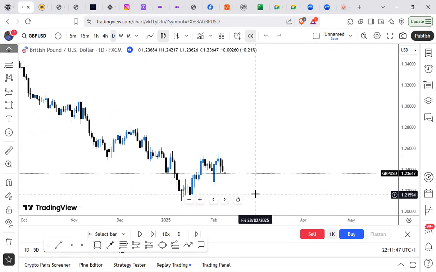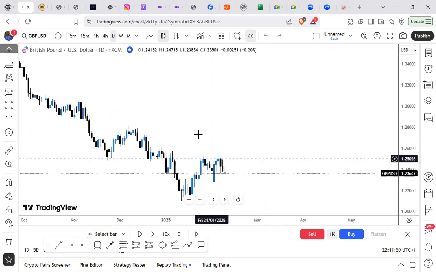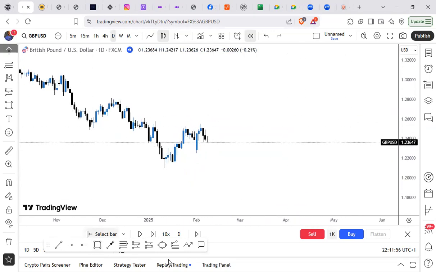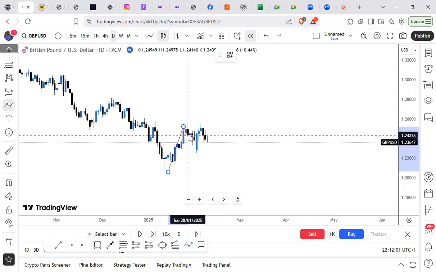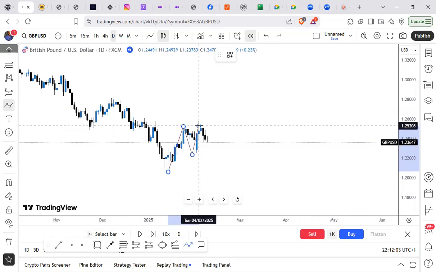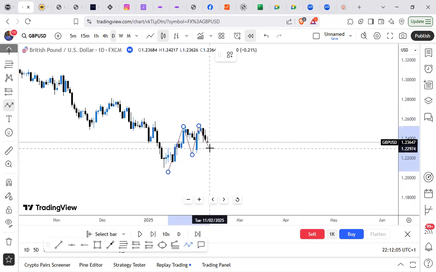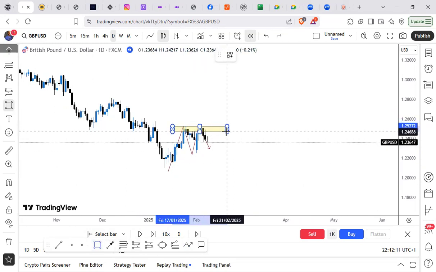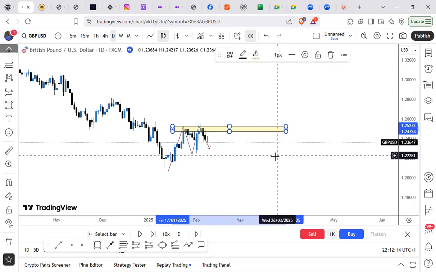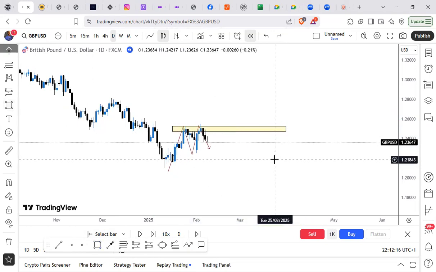Now let's move from here up, then down, up again. It's coming down, right? We'll now mark here as our resistance. Then let's watch what happens.